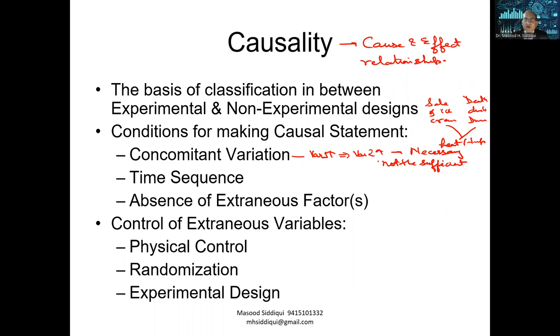Since more people are in some water body, the chances of death would also be high. So here they are showing the concomitant variation, but neither is sale the cause of death because of drowning, nor is death due to drowning a causal factor for the sale. So it provides only the necessary condition.